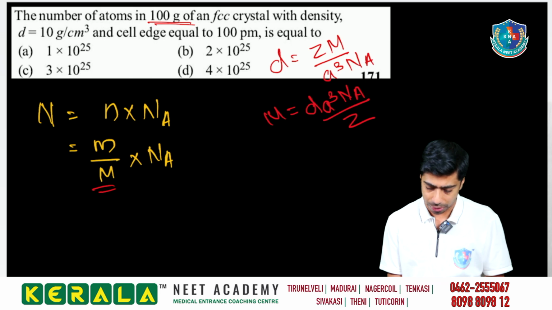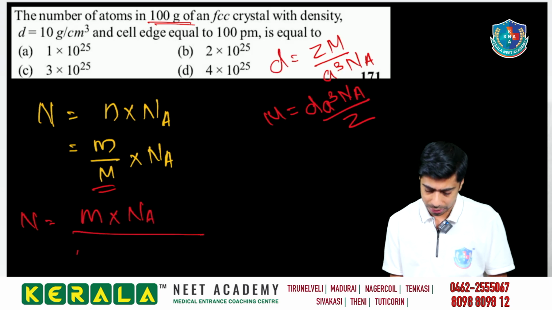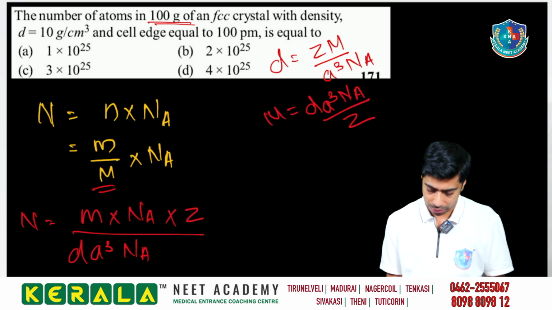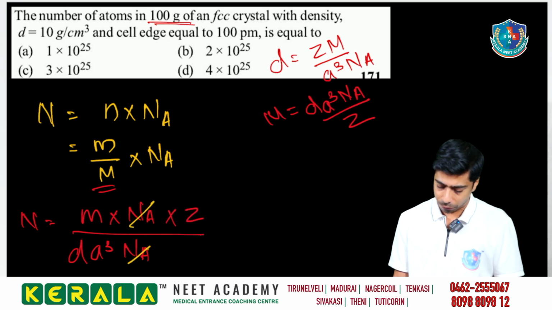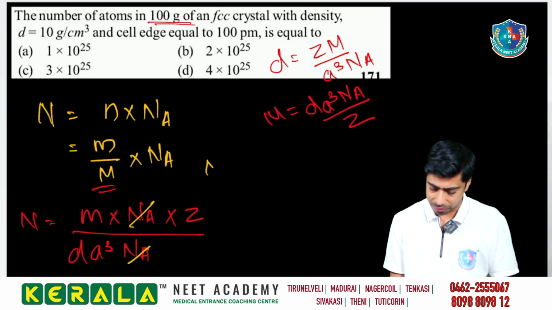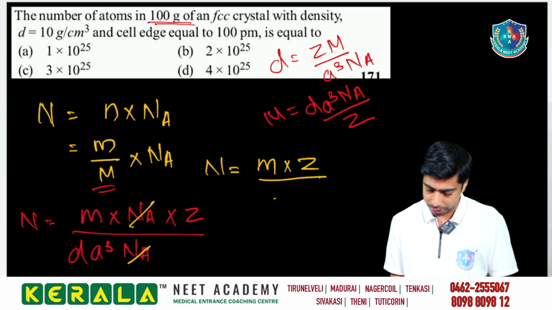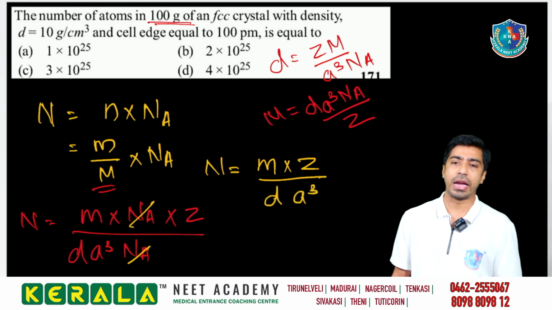So the number of atoms N is equal to m × Na divided by (d a³ Na divided by Z), that is, into Z. We cancel out the Na and Na. So finally the number of atoms N is equal to mZ divided by d a³.